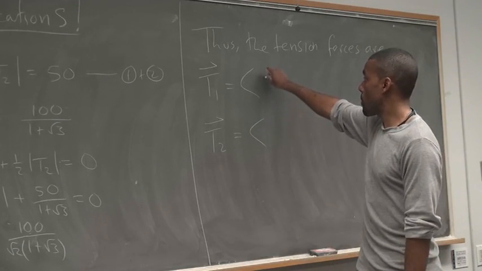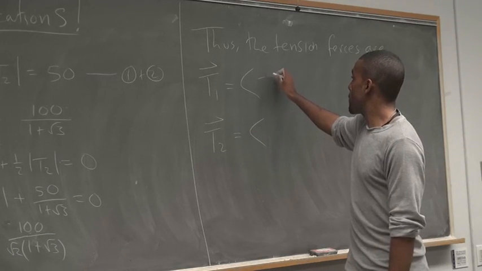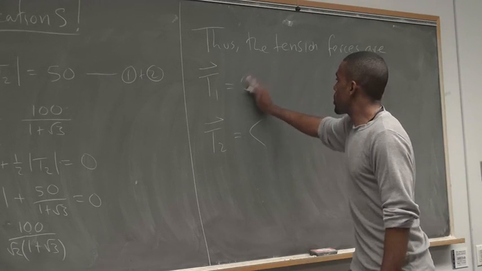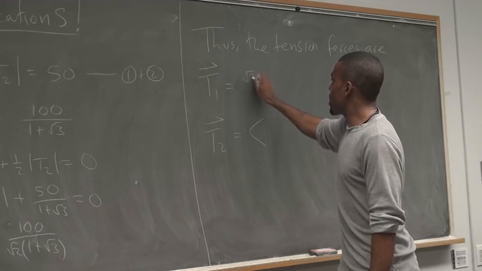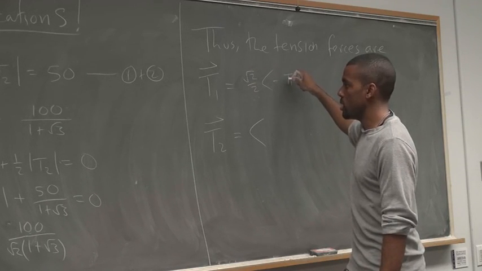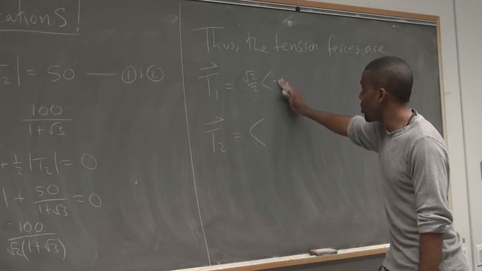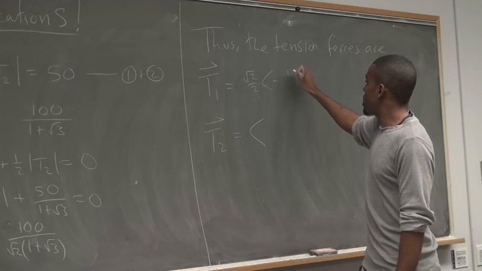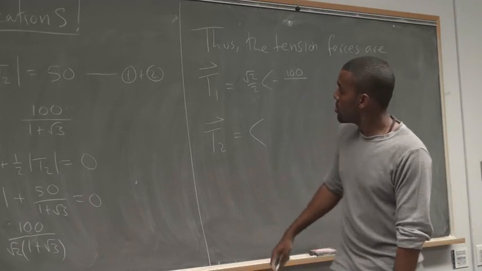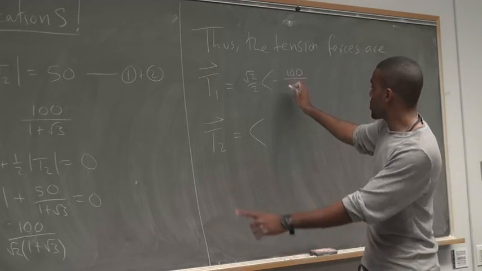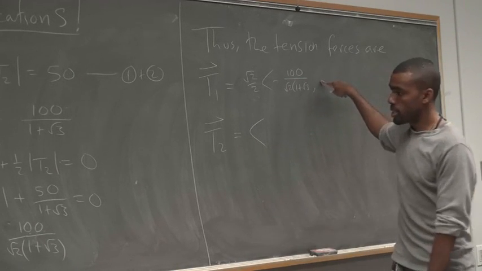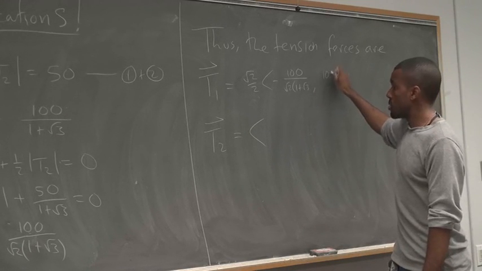What was it? T1 multiplied by negative radical 2 over 2. It was radical 2 over 2 times minus T1 magnitude, right? Okay, so T1 I actually know what it is. This is 100 over, and then this was actually the magnitude of T1 here, right?